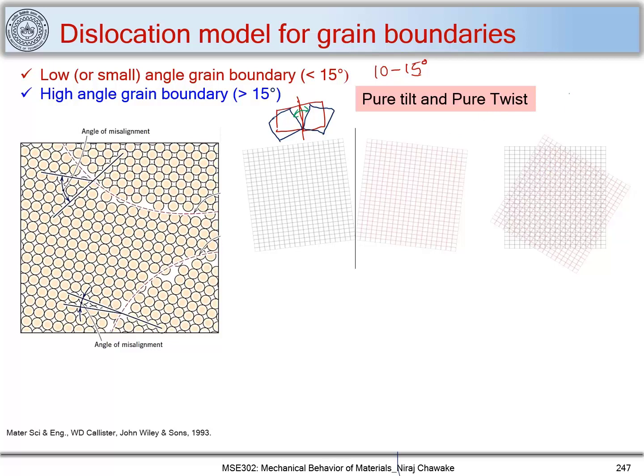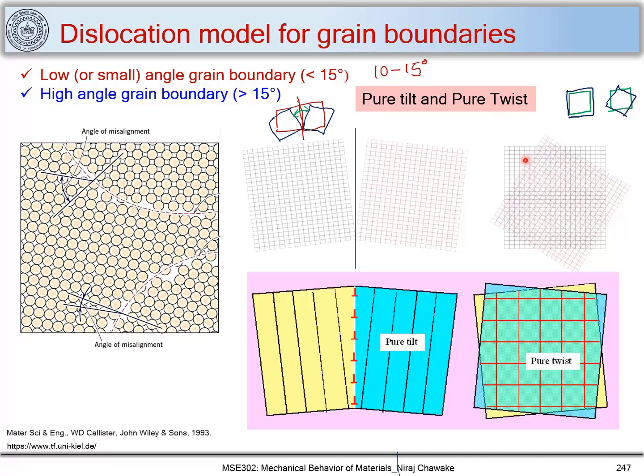So let's say initially you have grain 1 and another grain over it in this way. Now what you do is twist this grain with respect to the initial grain, so you are twisting this grain in this fashion. So these are twist boundaries.